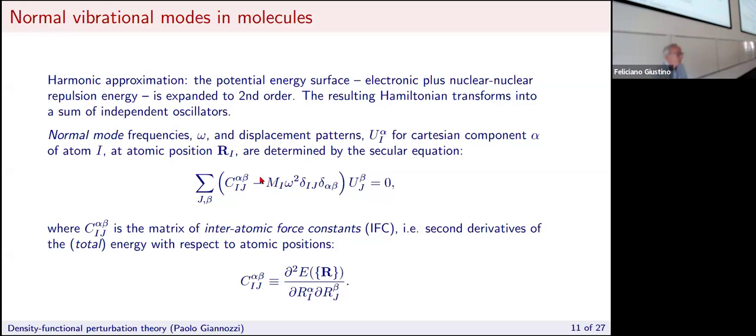What you find is a set of harmonic oscillators and of frequencies, and these harmonic oscillators are basically independent. So that's the harmonic approximation, if you stick to second order expansion of the energy with respect to nuclear positions.